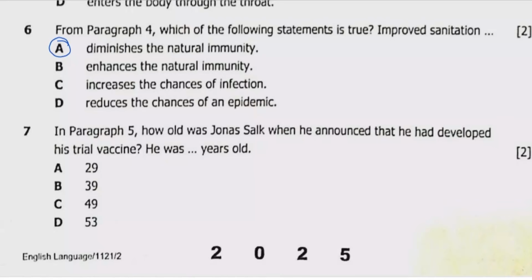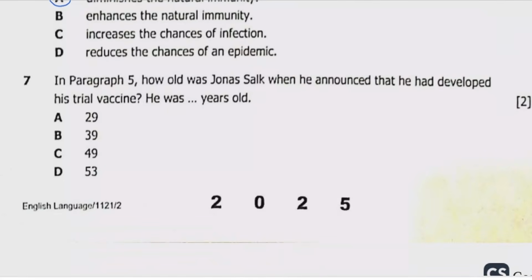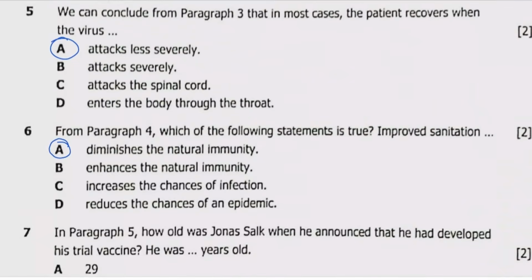We come to question 7. In paragraph 5, how old was Jonas Salk when he announced that he had developed his initial vaccine? He was dash years. Okay, let's go to paragraph 5.